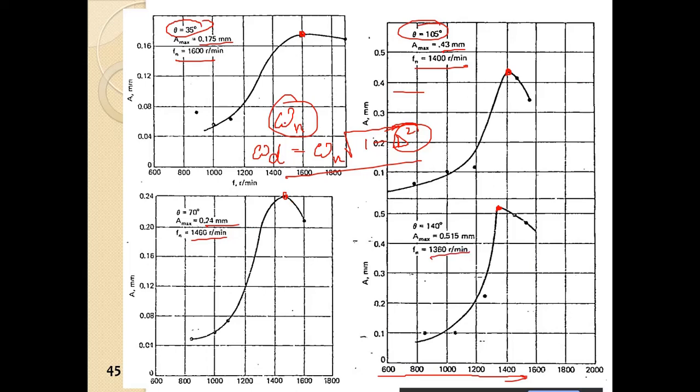From there we can also obtain the natural frequency. So that is one of the important aspects of the block vibration test, especially for designing machine foundations, and also for knowing the dynamic properties of the soil. So the block vibration test is a very important test.